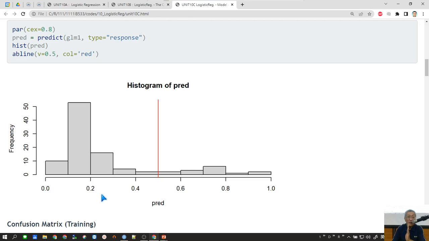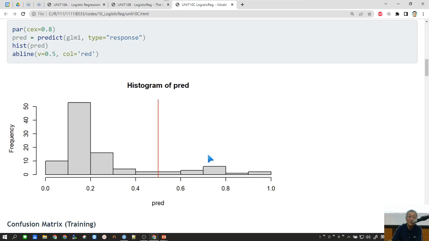As I said, in the traditional way of using logistic regression, we have a cutoff value set at 0.5. If the model predicts that the probability of y equal to 1 is larger than 0.5, it is more likely to be 1.